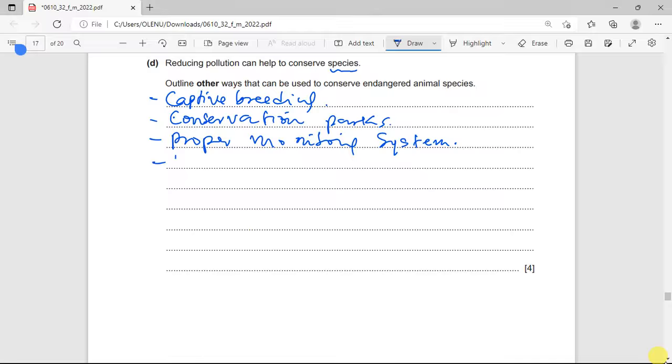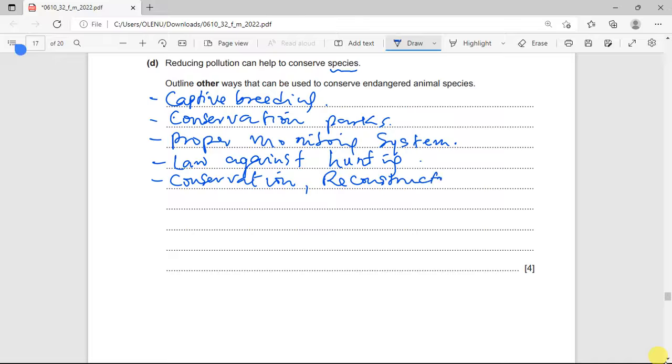You can have laws against hunting, so they can be protected. You can have conservation and reconstruction of habitat. So that's the basic ones to give you full marks.